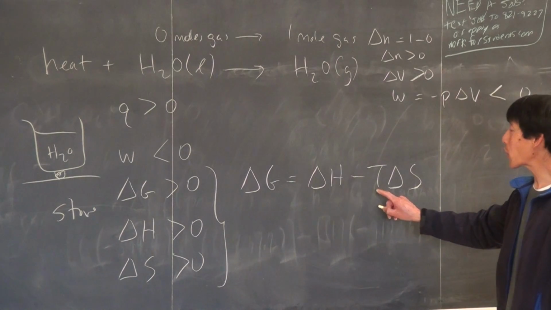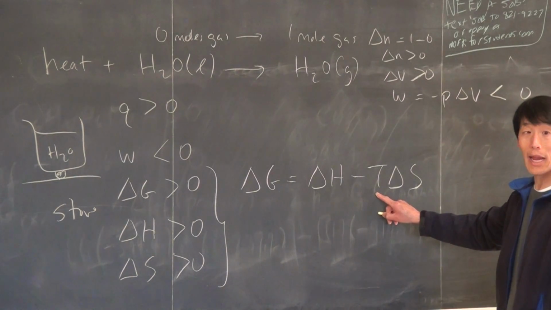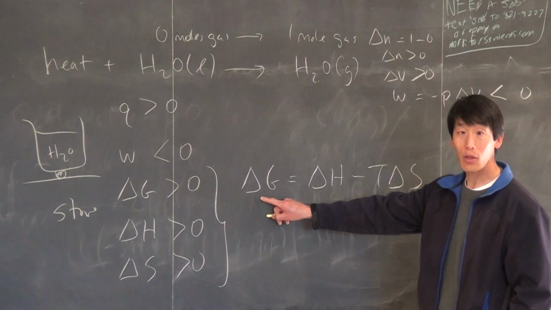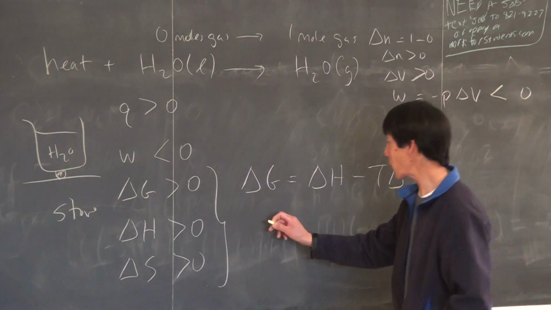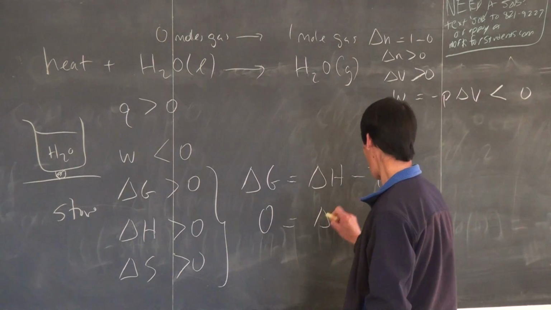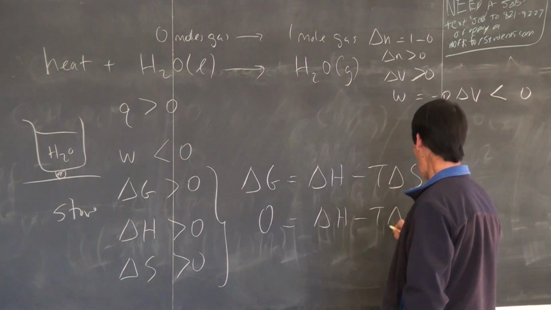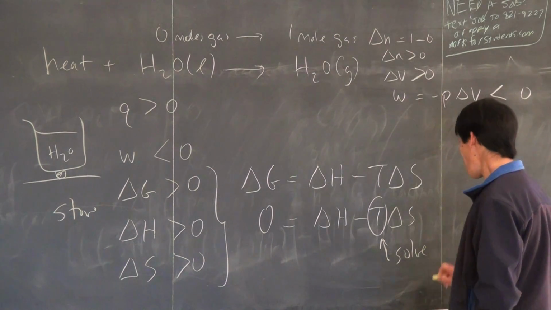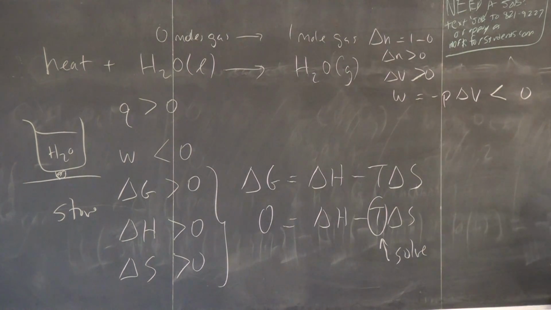To figure out the temperature at which this reaction will occur spontaneously, what value for delta G should we use? 0. Okay, so 0 is equal to delta H minus T delta S. Then we solve for T. That tells us the temperature at which this reaction will occur spontaneously.